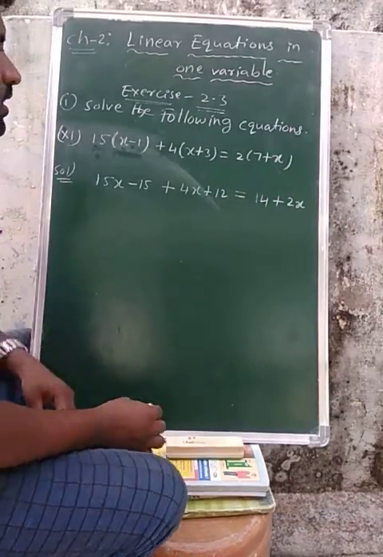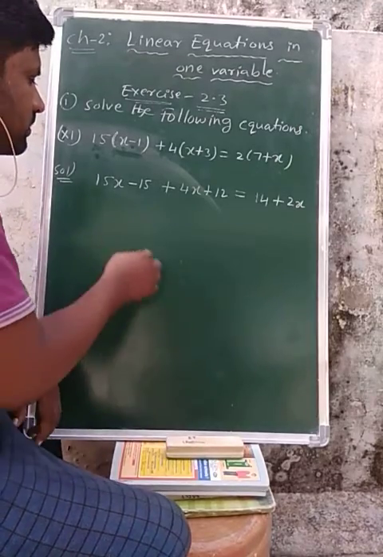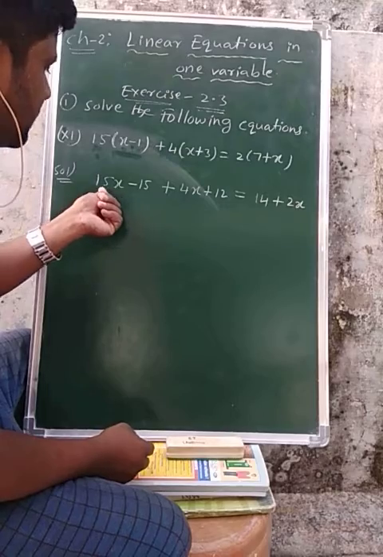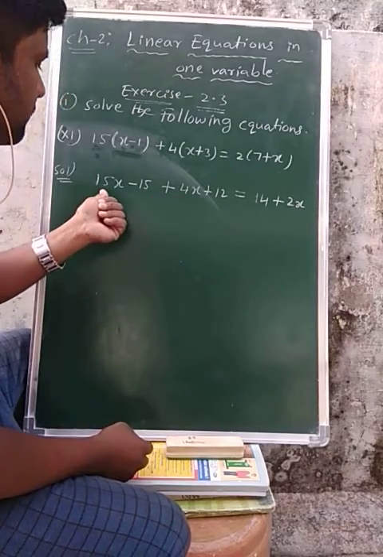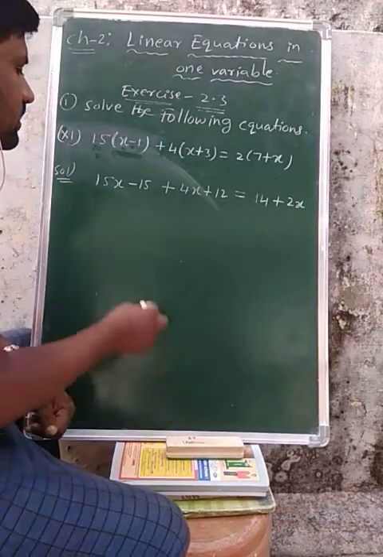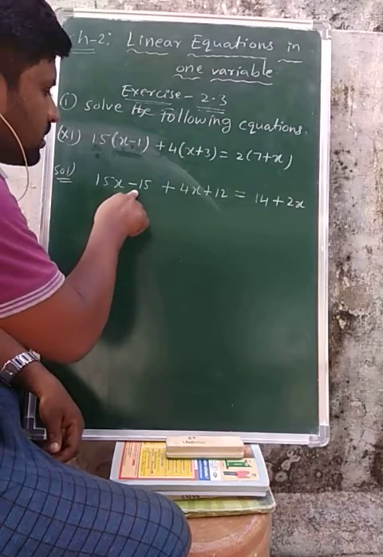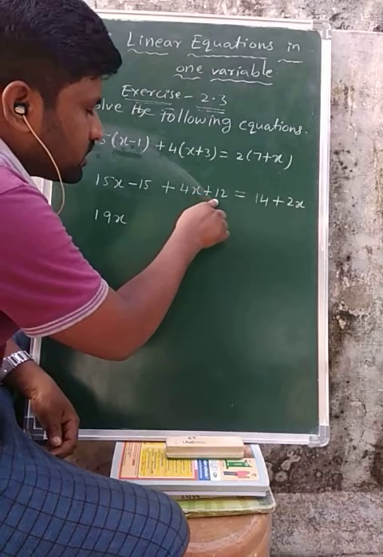Now by adding the like terms, here 15x is there, here 4x is there. 15x plus 4x is 19x. Here minus 15 is there, here plus 12 is there.